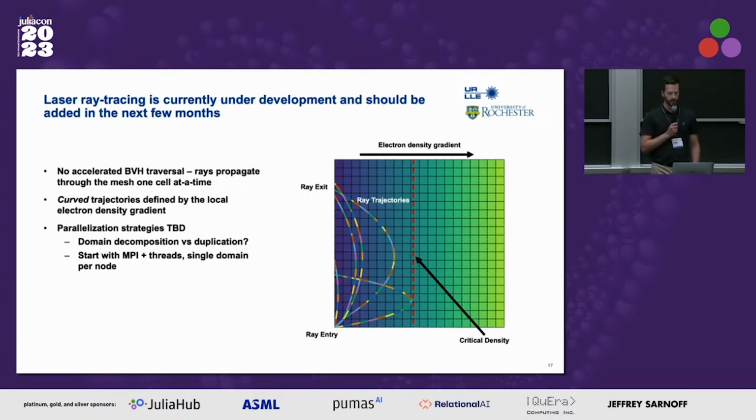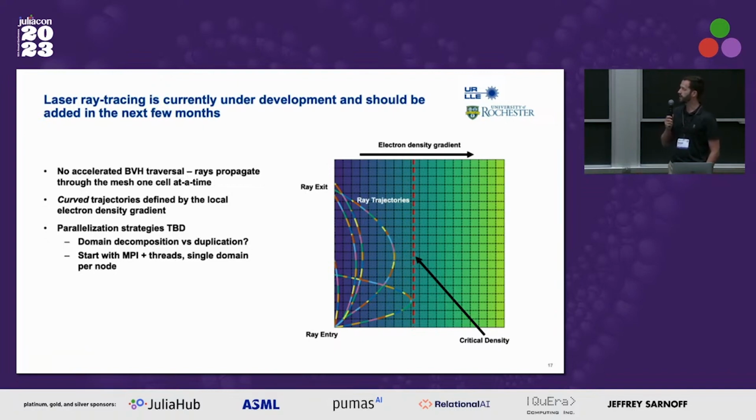Laser ray tracing is currently under development and should be added in the next few months. The interesting thing about ray tracing in a plasma physics setting is that it's not like computer graphics, where we have an accelerated bounding volume hierarchy to go through. Rays have to propagate through the mesh 1 cell at a time. And they have curved trajectories.